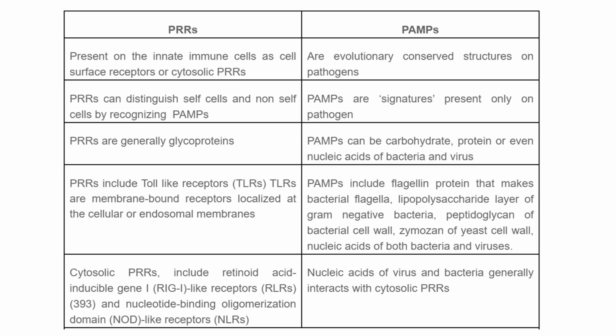So this is the difference between PRR and PAMP. PRRs are present on the innate immune cells, as cell surface receptors or cytosolic PRRs, and PAMPs are evolutionary conserved structures on the pathogens. The PRR can distinguish self and non-self cells by recognizing PAMPs. These PAMPs are the signatures present only on the pathogens, mark it here.